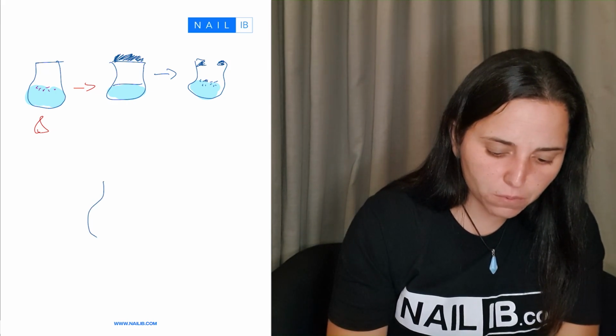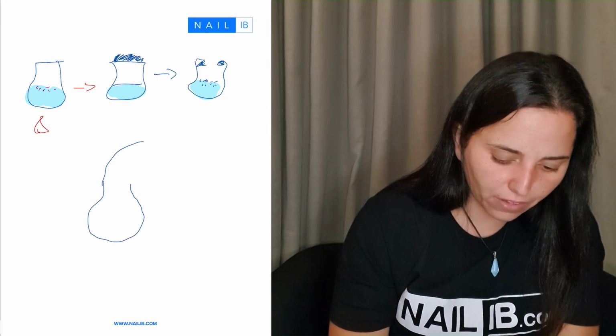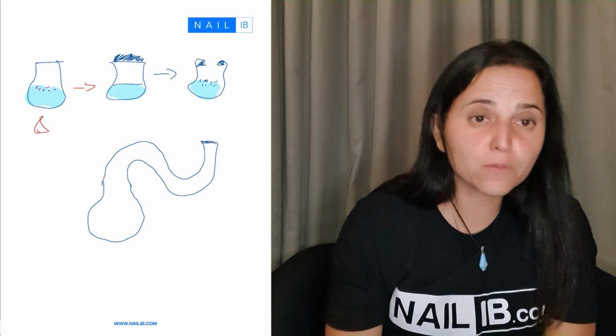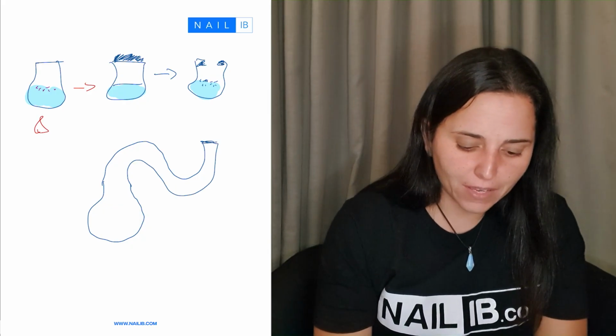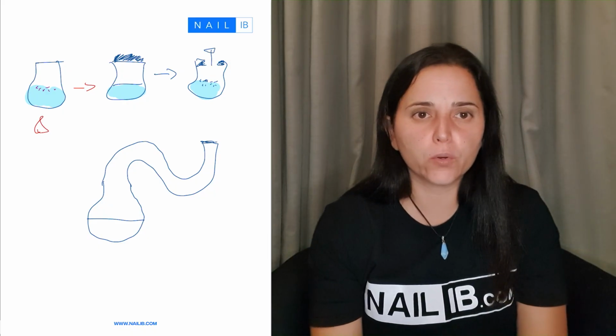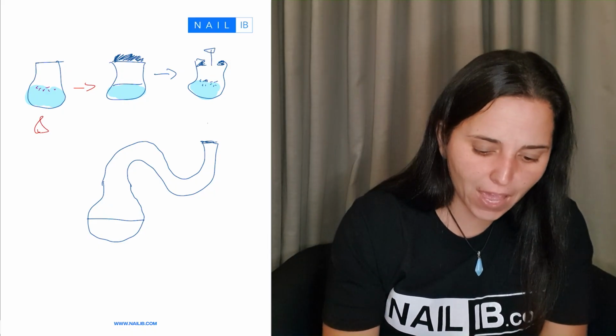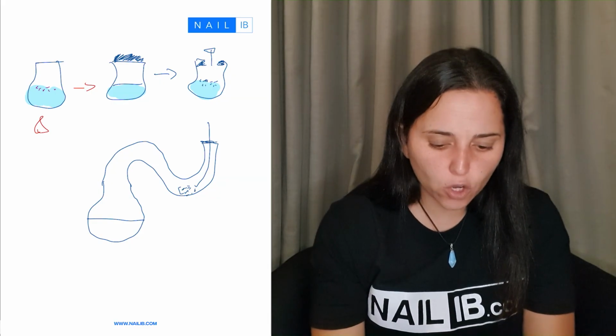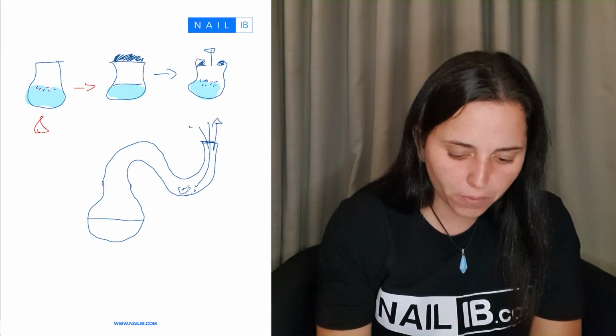Sometimes you might find in IB that they will show this kind of flask that looks like this. Now, this one is more likely to prove it. Why? Because some will say, well, look, you opened it to the air again, so it came out of the blue. But in this flask, what happens? The microbes landed right here. And even though it's open to the air, right? It's open to the air.